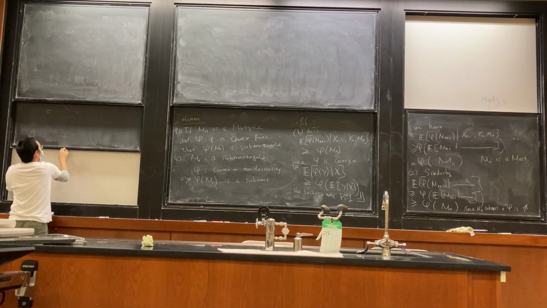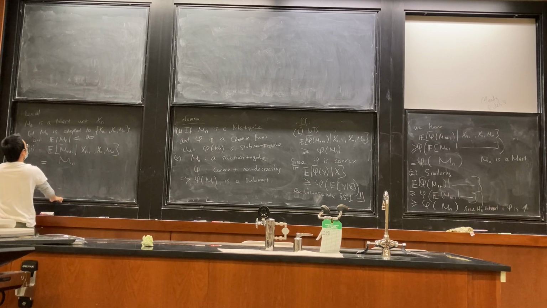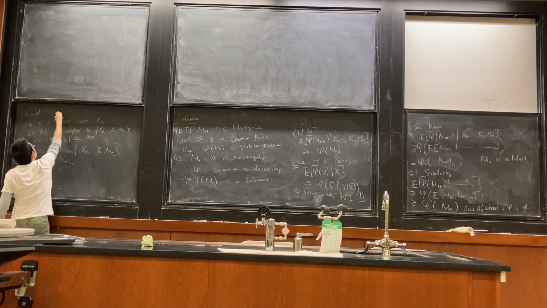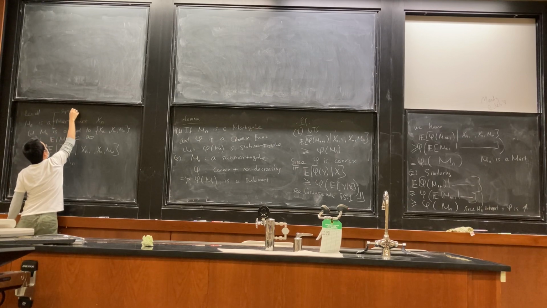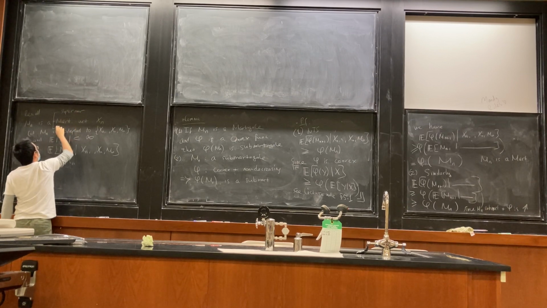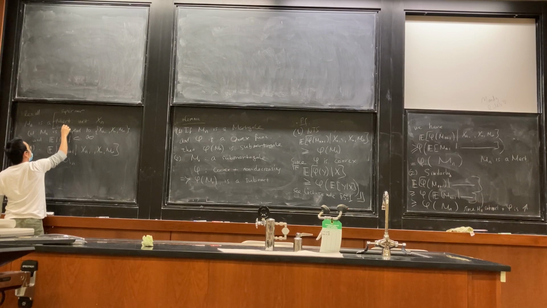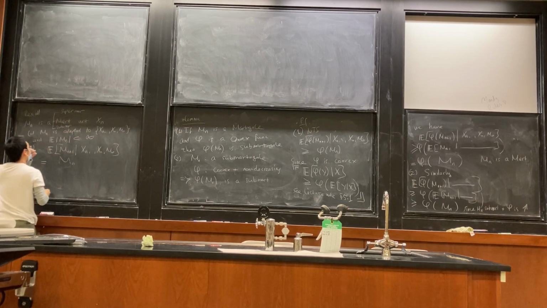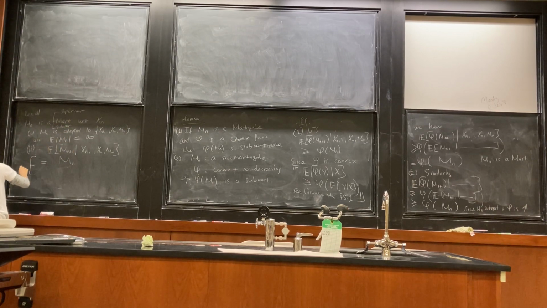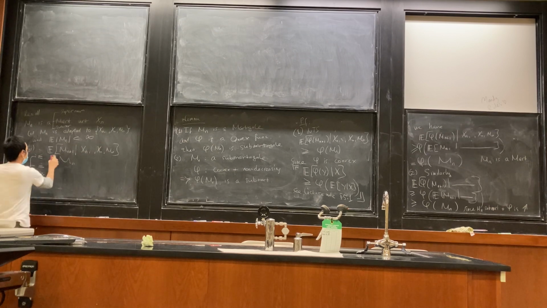So we have three types: a supermartingale, a martingale, or a submartingale. You have three directions. A supermartingale if you have less than, a martingale means you have equality, and a submartingale means you have the greater than or equal.